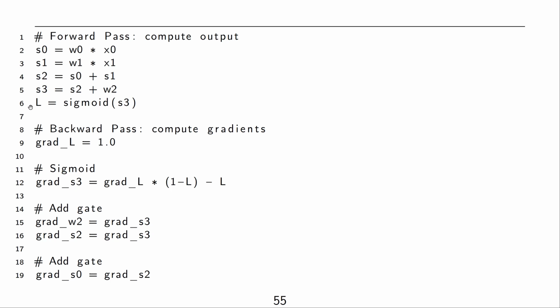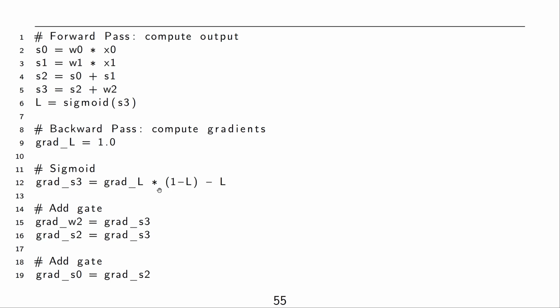Line 6 is the last forward line, and in line 9 we compute its gradient. Next we compute the gradient for S3, and we'll name it grad_S3. This is grad L times L times 1 minus L. Again, you notice the explicit derivative equation for the sigmoid function.